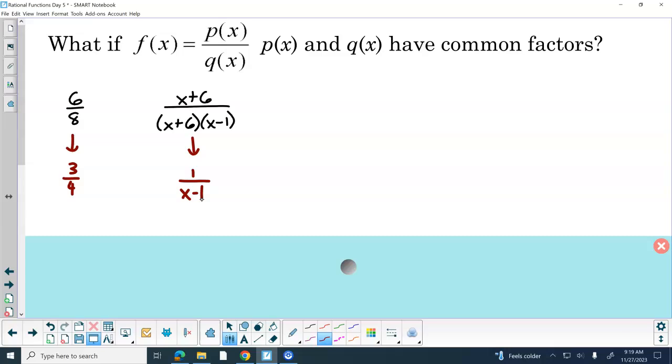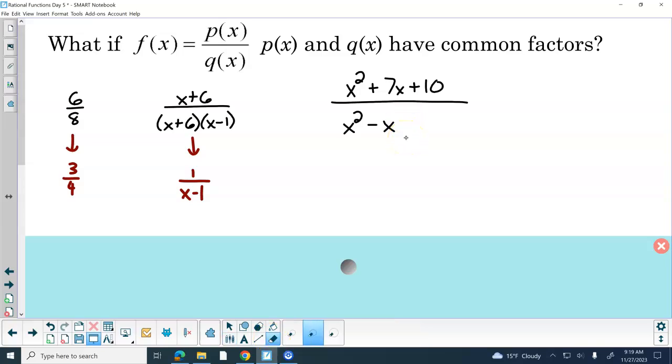If we had something like, I'm going to make one up, x squared plus 7x plus 10 all over x squared minus x. Does that work? Oops, nope, that's got to be minus 6.